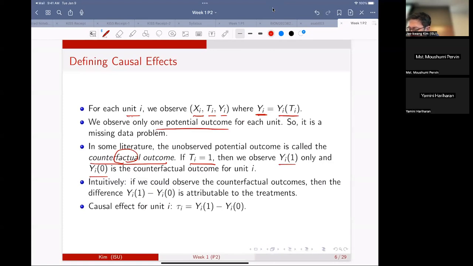So intuitively, if we could observe the counterfactual outcomes, then the difference is attributable to the treatment, right? This is the before, this is after, before the treatment and after the treatment, or control. Then this difference is fundamentally a key parameter for that unit.